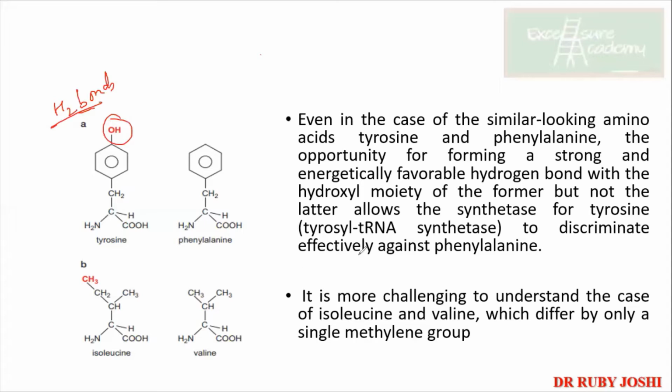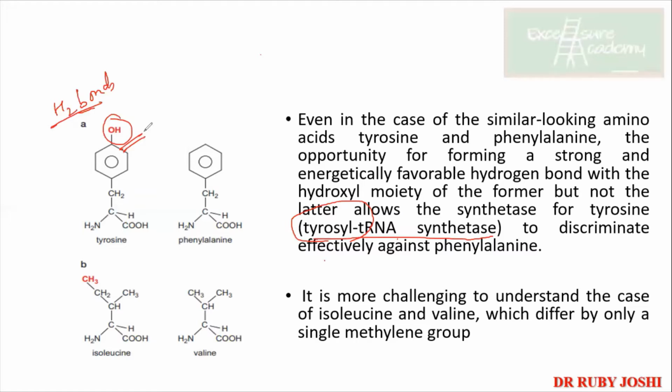Okay, so for example, if I take tyrosyl tRNA synthetase, what does it mean? This tRNA synthetase is going to attach the amino acid tyrosine to the tRNA. Now, if tyrosine is coming, then it is going to make additional contact with the OH of the amino acid.